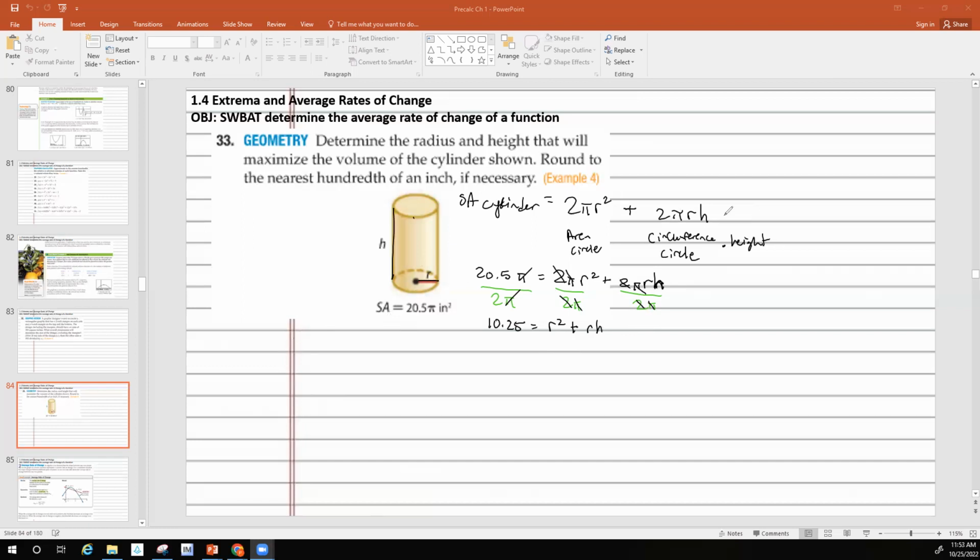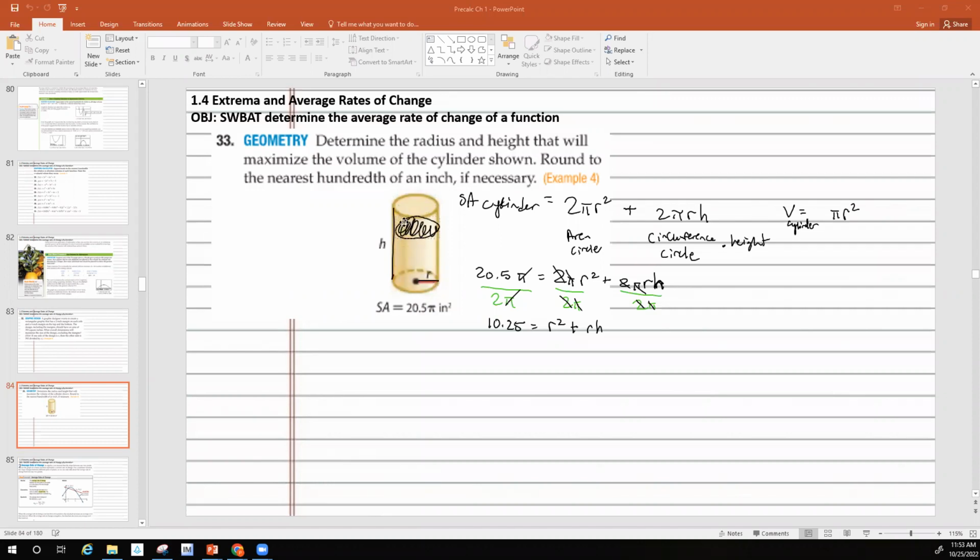So what other formula do we know for a cylinder? Well, we know the volume. And what is the formula for the volume of a cylinder? The volume for the cylinder is going to be pi r squared times h. Imagine the area of this circle, and you don't want just that one circle. You want it all the way to the top, all of the inside.